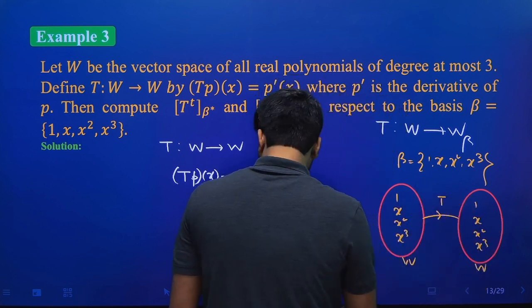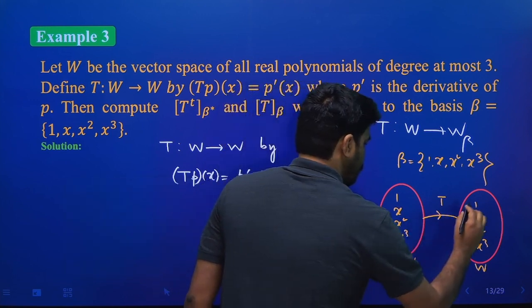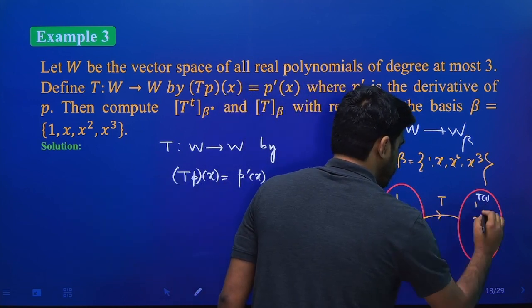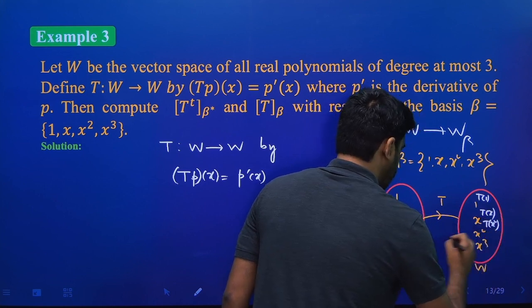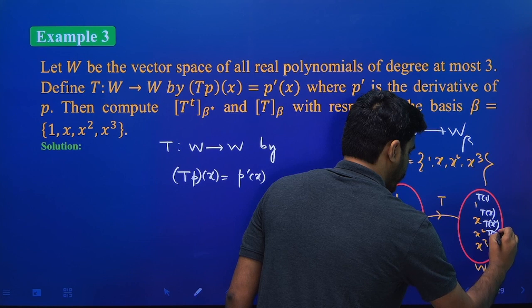So T1 belongs to W, Tx belongs to W, Tx square belongs to W, Tx cube belongs to W.